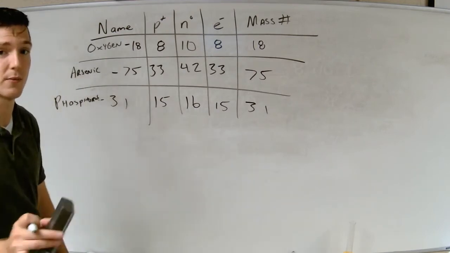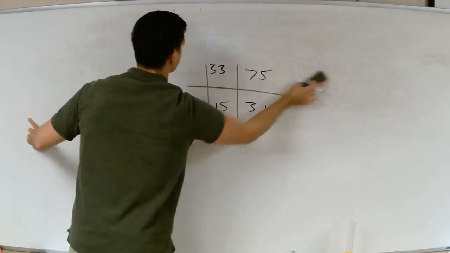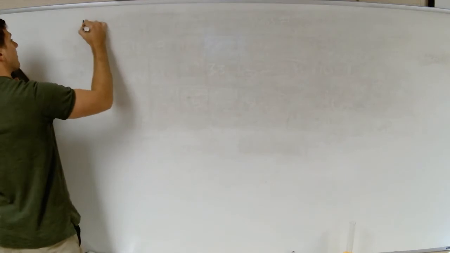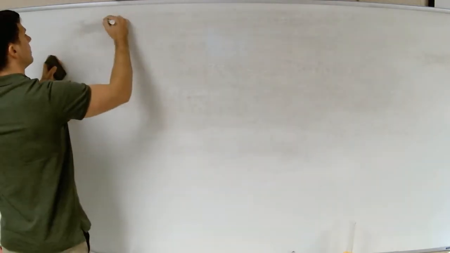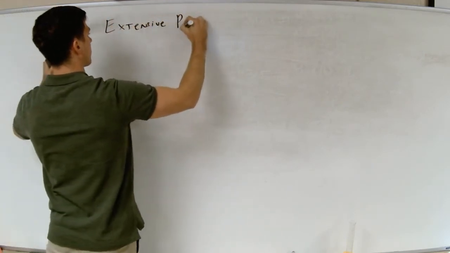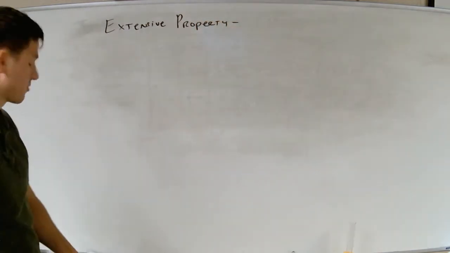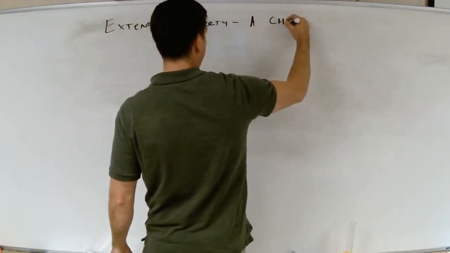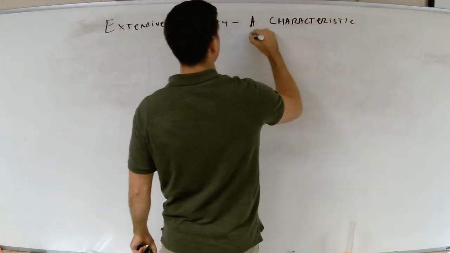A couple things we got to talk about. Definition or two. Back from our chemistry days. Okay, we have extensive property. Extensive property is a characteristic dependent on mass.